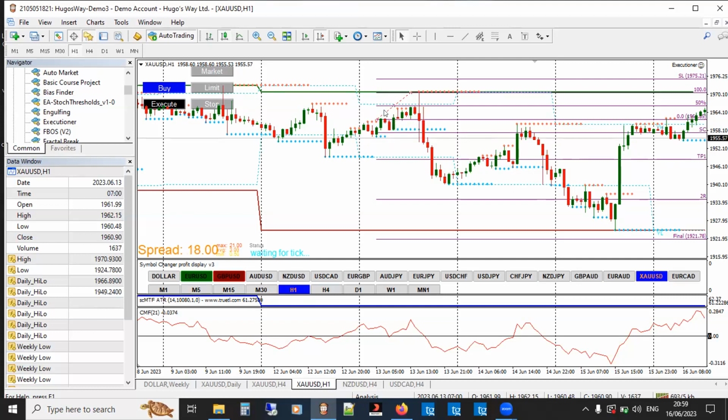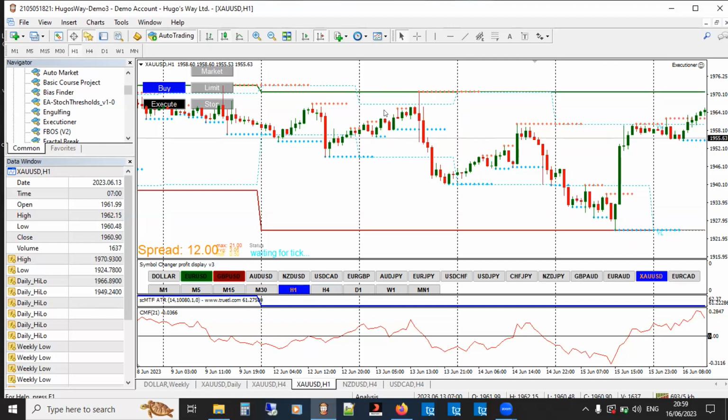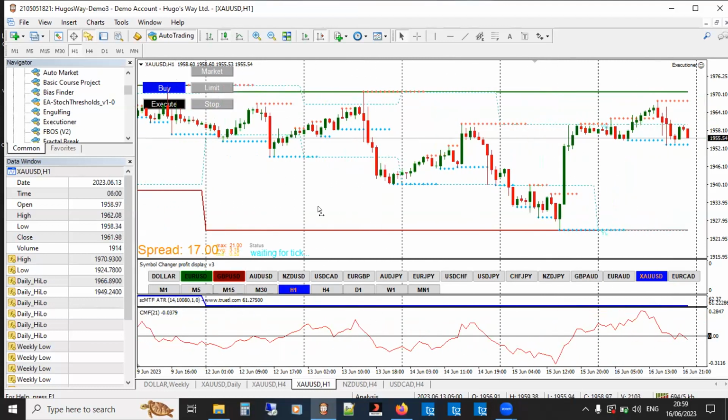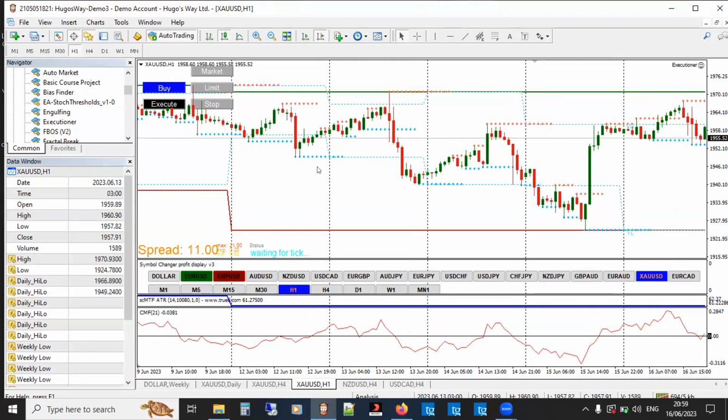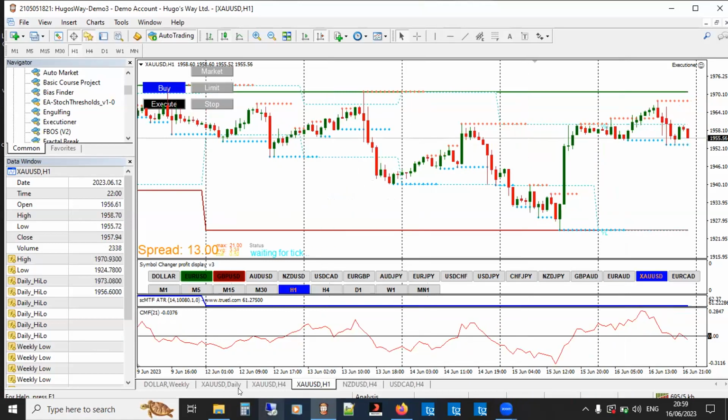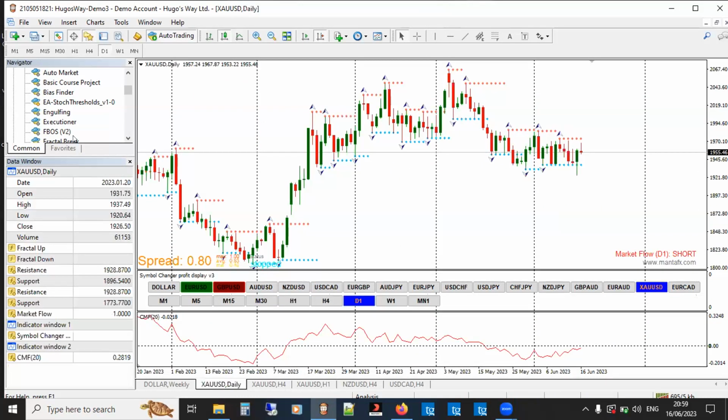That's how you could have traded gold for the week. So basically, it's just that simple. You just want to look out for whatever the order flow is. If we were using today, where's that? Let's look at the daily, and let's add our value line.